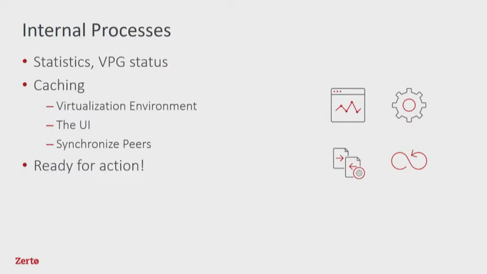Another thing that we do in the background continuously is that we read information from the virtualization environment and translate it into our representation, because we want to be on track. By doing this caching, we conserve on operations with the external environment, because we have the correct cached information calculated once.